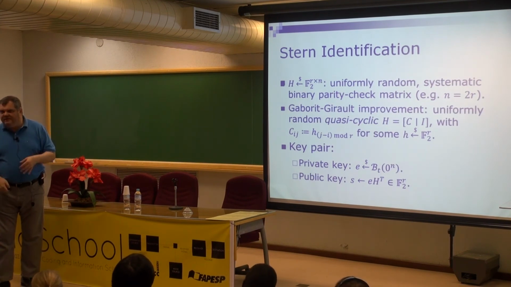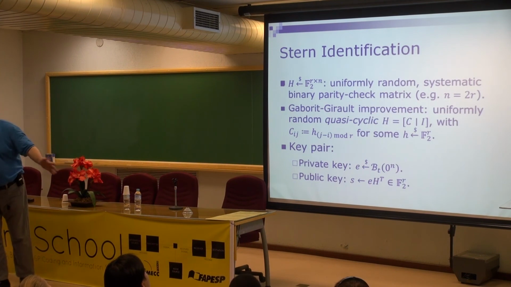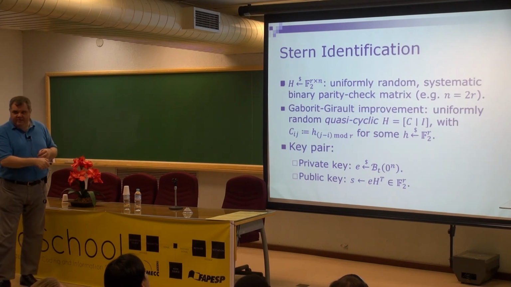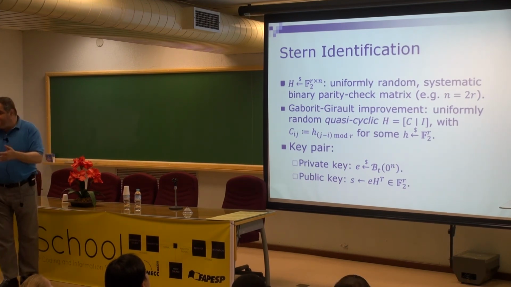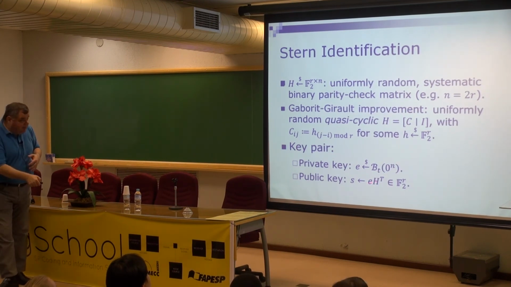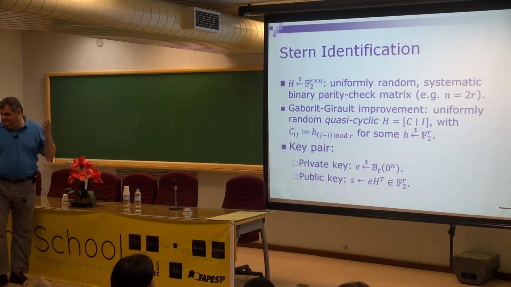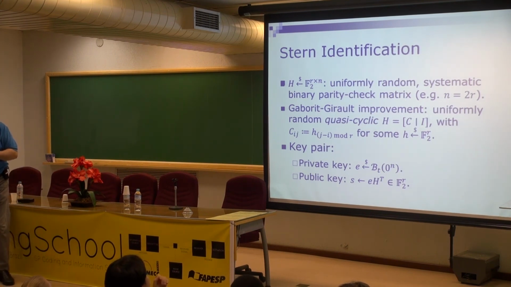Say it's the hash of a string of zeros using a cryptographically strong hash function. So everybody knows H. Since it can be shared, it's not necessarily part of the public key, but it's part of the public parameters. Your public key is only the syndrome of a short vector computed according to that public global parameter. Okay?